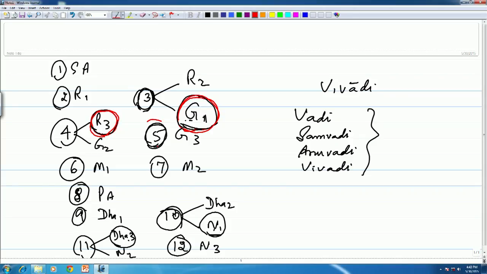And the same argument, any raga which has Ni1 or any raga which has Dha3, those are called Vivadi raga, or that particular mela might be Vivadi raga or Vivadi mela.